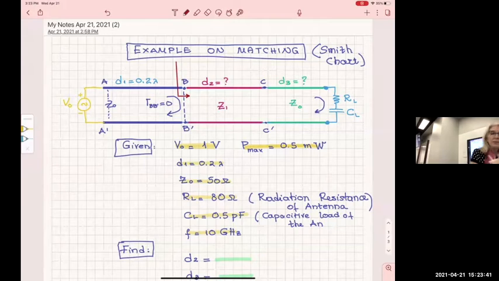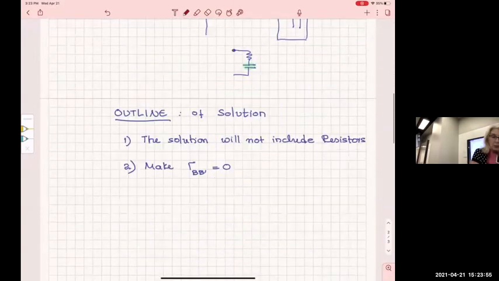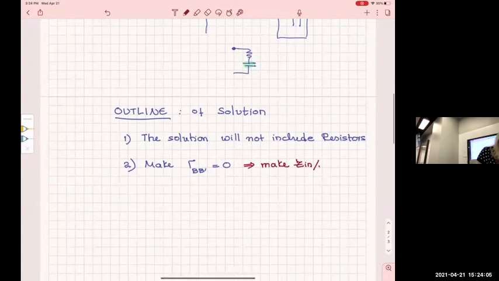Yes, Z naught, 50 ohms. That implies that my Z input at B prime will have to be 50 ohms. I will have to make it 50 ohms. So for this to happen, I will have to make Z input at B prime be 50 ohms.